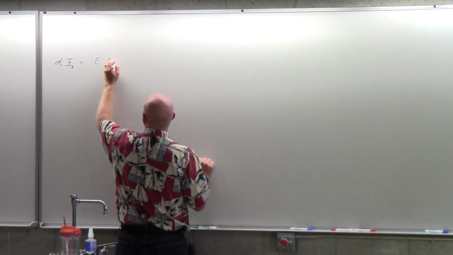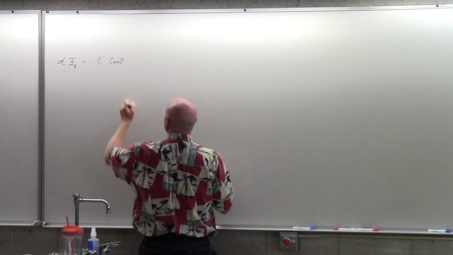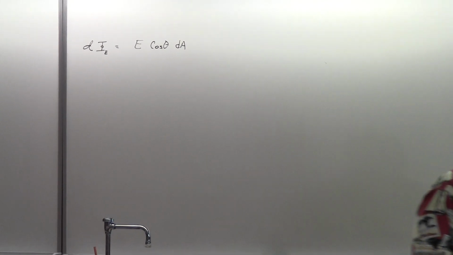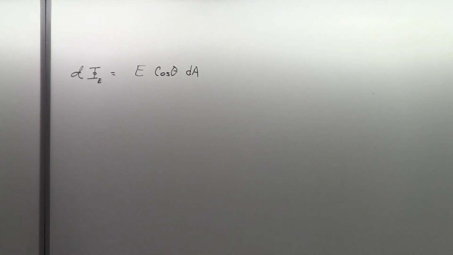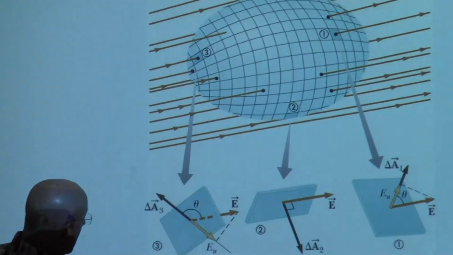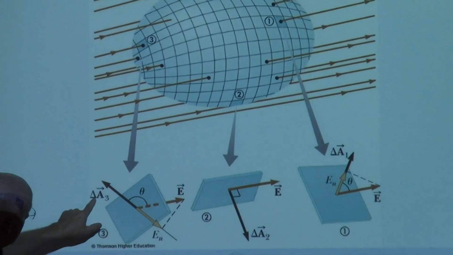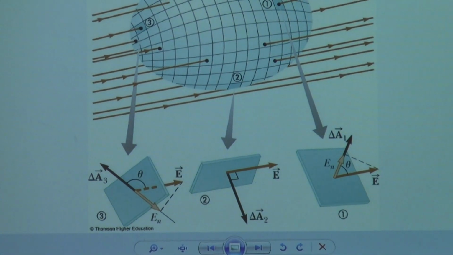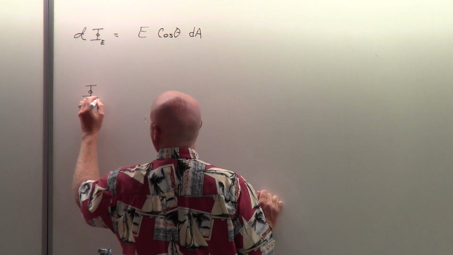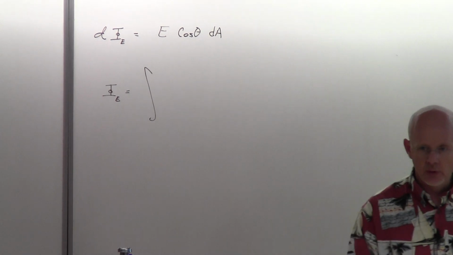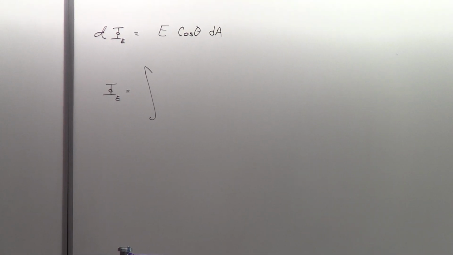What else do we need? Yeah, the angle, I heard somebody say. Good, the cosine of the angle. What else do we need? Yeah, the area. Looking at this, and of course I'm writing it in differential form with my calculus, there's the electric field, there's the angle, and there's a small amount of area. To get the total flux going through a surface, we would have to add up all the fluxes.